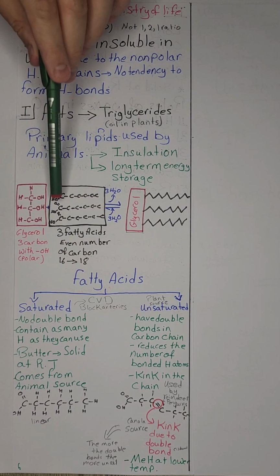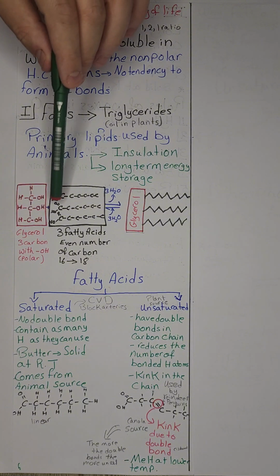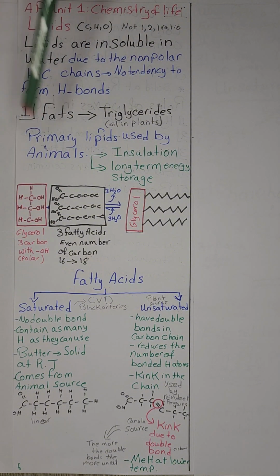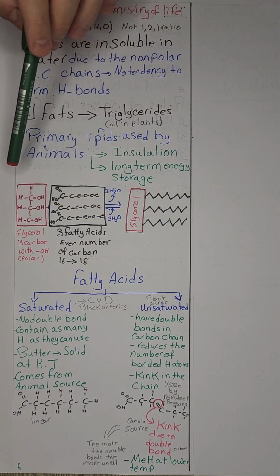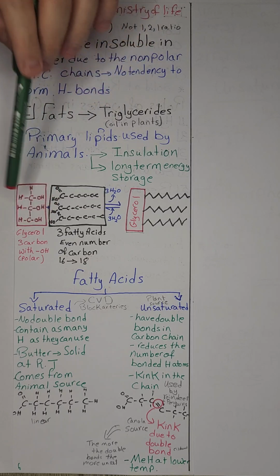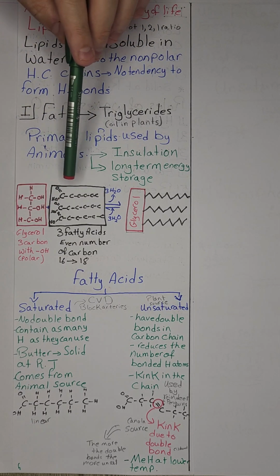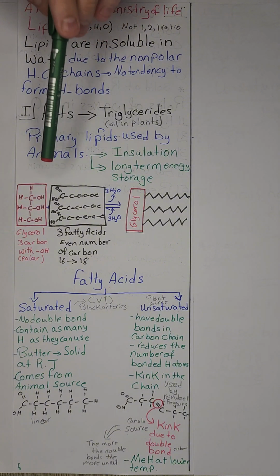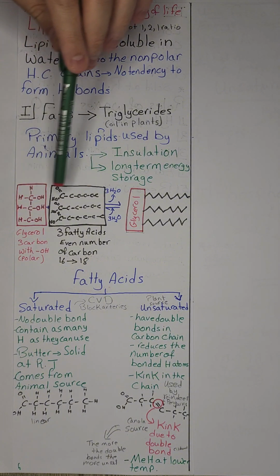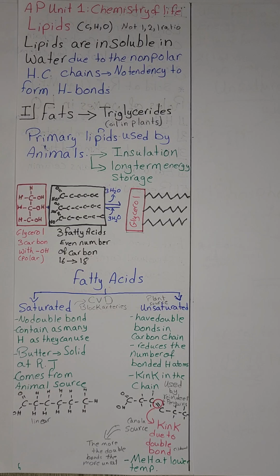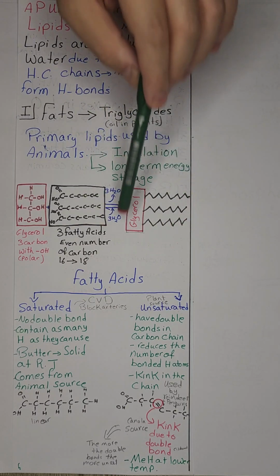But at one terminal, there is a carboxyl functional group that has the ability to join the glycerol 3-carbon molecule. This happens by a condensation dehydration reaction, by which 3 water molecules will be removed to produce the triglyceride.